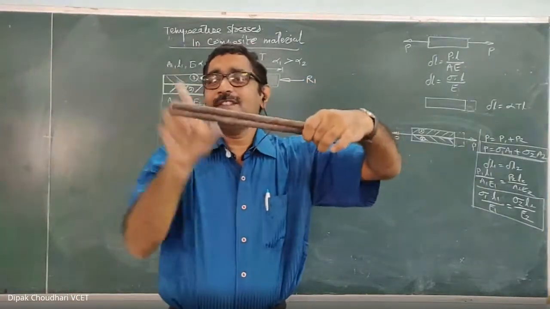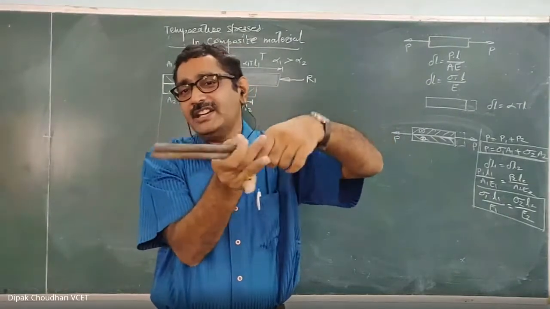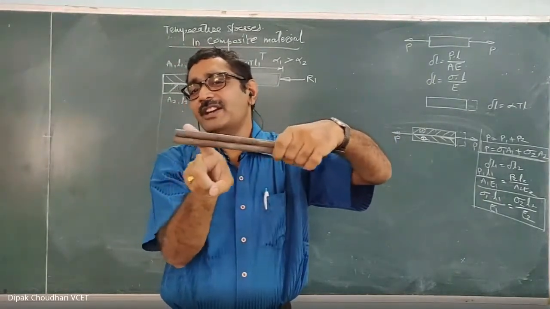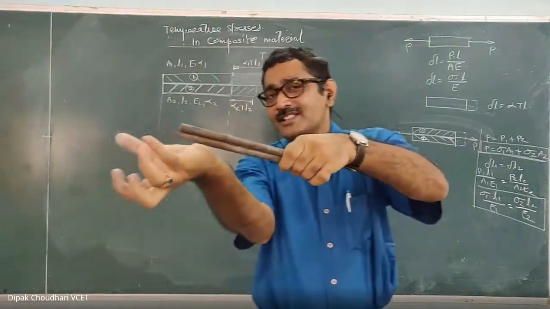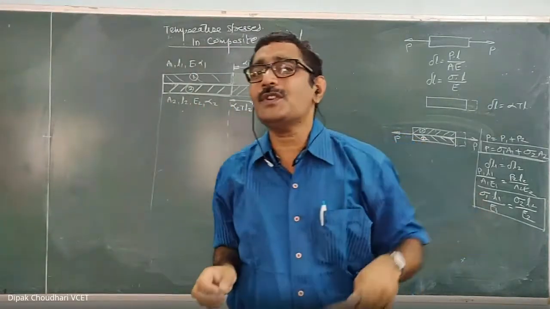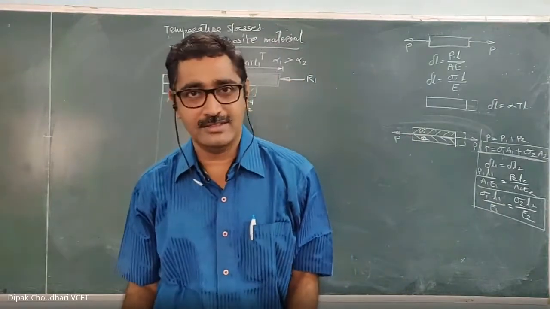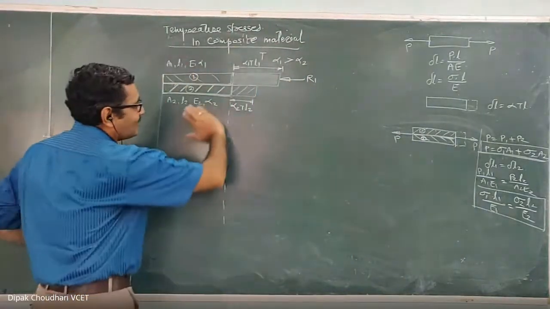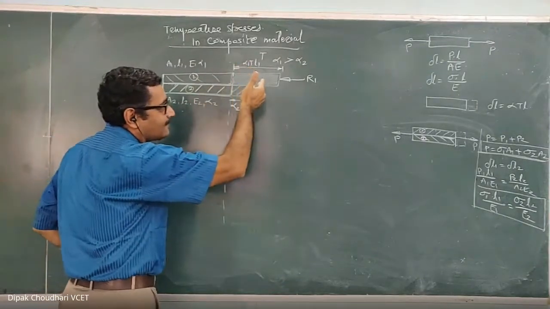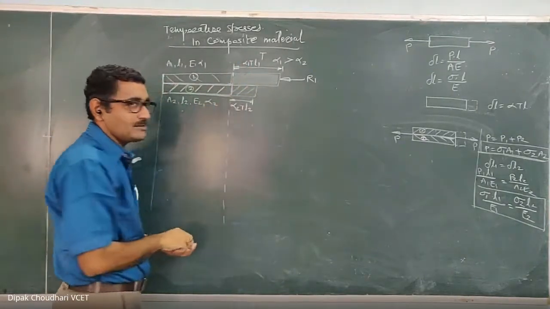If they are rigidly connected and heated, material 1 tries to elongate more, but since it is rigidly connected, the other one will apply the opposite kind of reactive force on material 1. Why was this reactive force generated? Actually, it is the reactive force exerted by 2 on 1 to prevent this deformation.